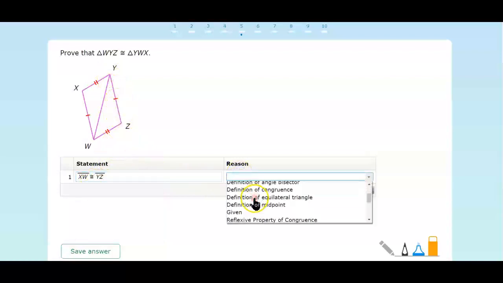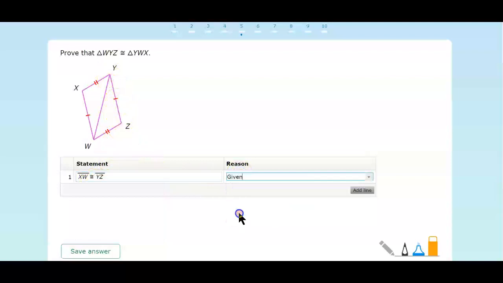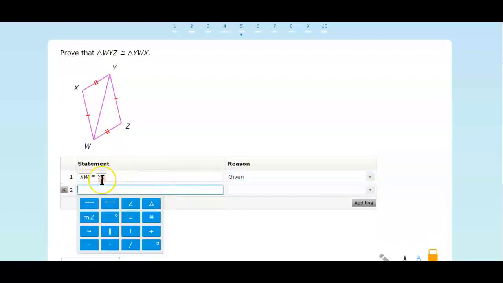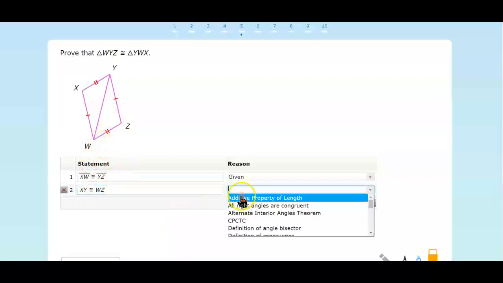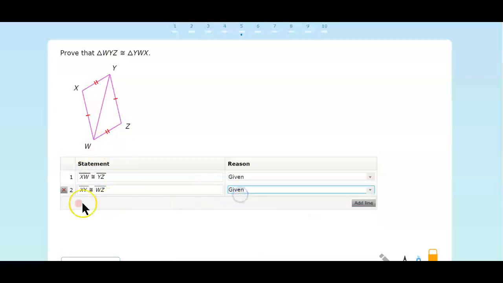This is case sensitive. Capitalization matters. And then XY, our second given, segment XY is congruent to segment WZ. Also, if you know the first letter, you can hit it and it'll jump you to that in the list, which helps a lot. Given on your keyboard.